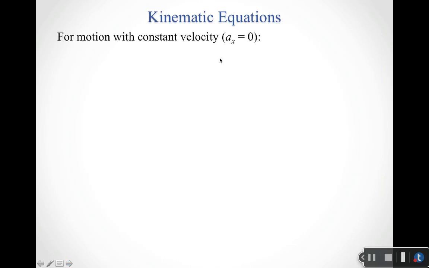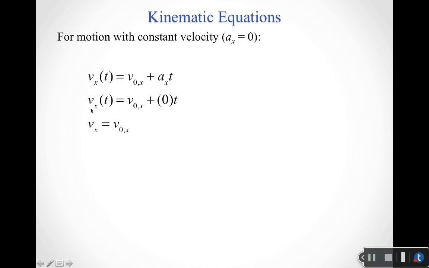So let's come back to think about our x equations again, and ask what happens if I've got constant velocity. Well, if I've got constant velocity, that means the velocity isn't changing, which tells me that the acceleration is 0. So I can take my equations and plug in 0 for the acceleration, and that is okay as long as I hold the acceleration constant at 0.